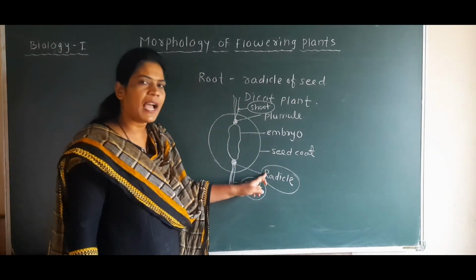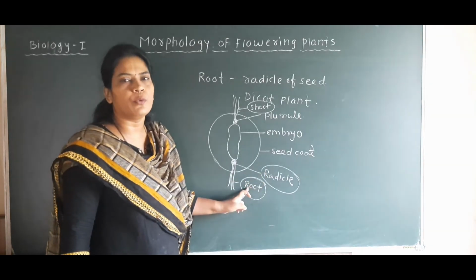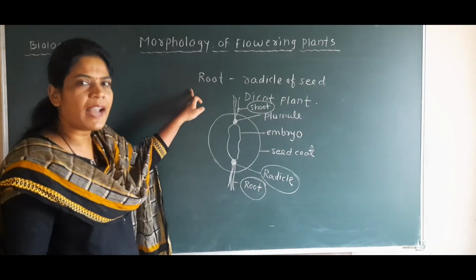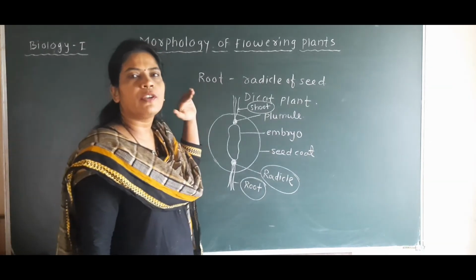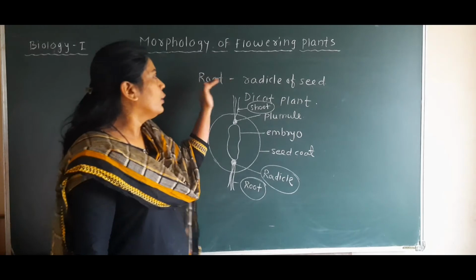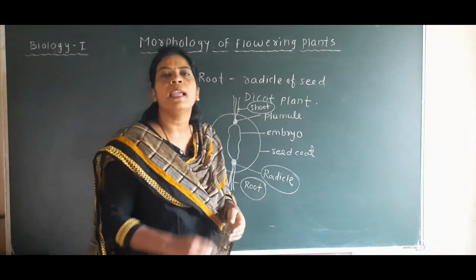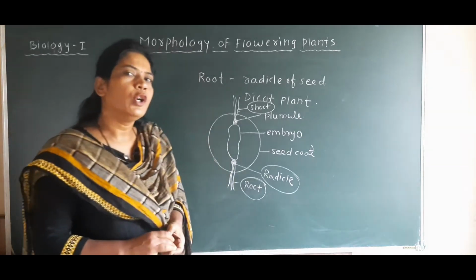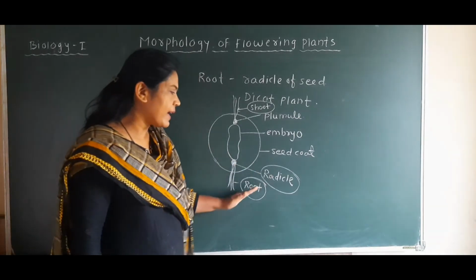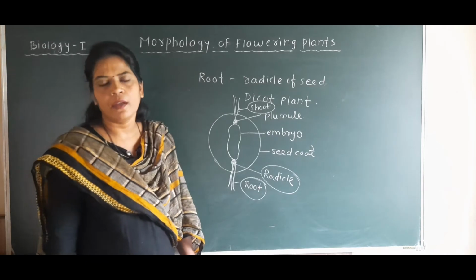R, from radicle R there will be development of the root, and here we have given the sentence that in the majority of dicot plants, the root develops from the radicle of the seed. So you have to understand what is meant by the radicle part of the seed.